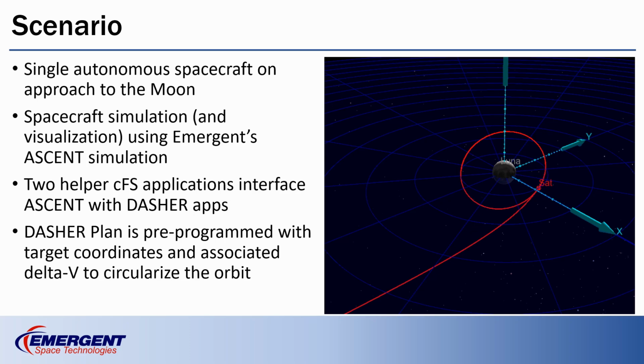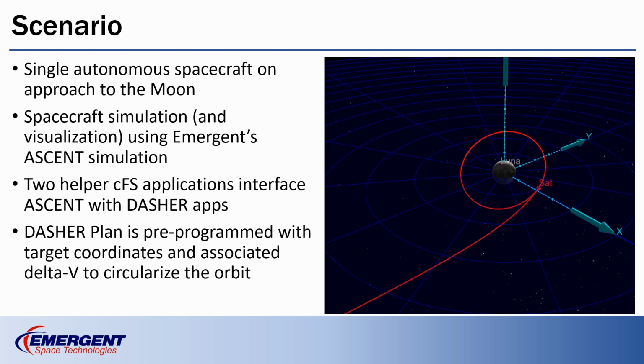In this demo, we have our DASHER flight software running within a Docker container, sending messages that are received by Emergent's Ascent simulation. Ascent provides us both with dynamic simulation as well as visualization capabilities that we'll see in a few slides. We have two helper applications that we've written to bridge between the Ascent simulation and the DASHER software.